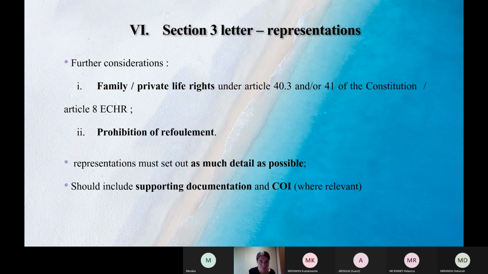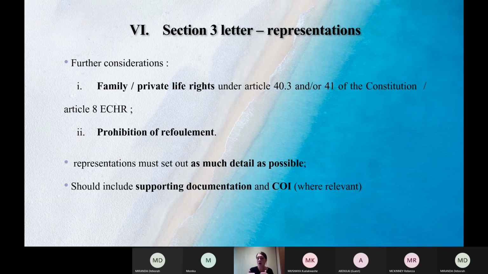Country, I say COI, that's country of origin information. So documents from Human Rights Watch, from Amnesty International, to support the claim that there are serious issues in the country of origin. Now, general documents like that aren't sufficient. The person should also address how they relate to them.